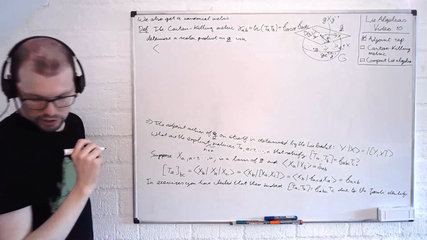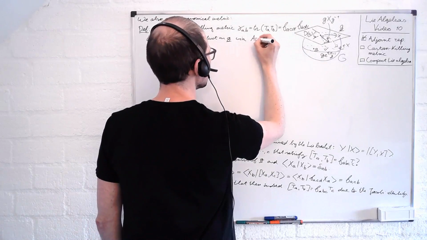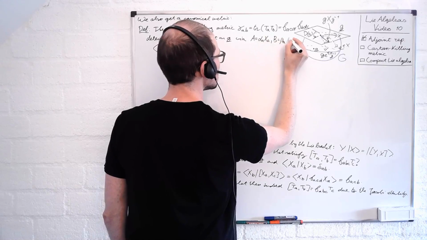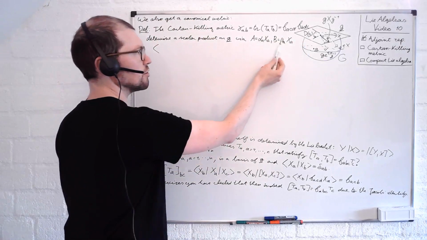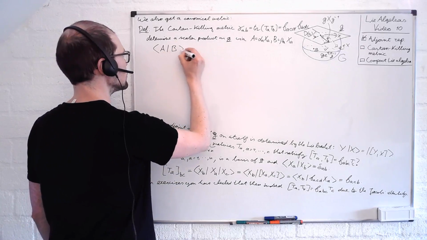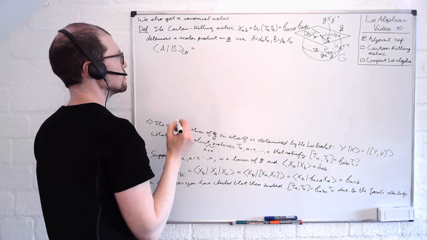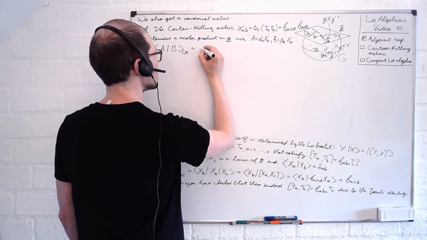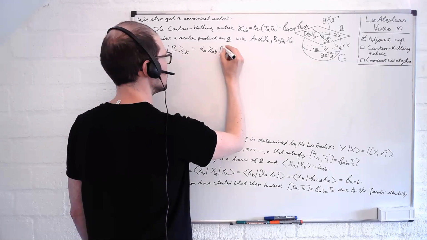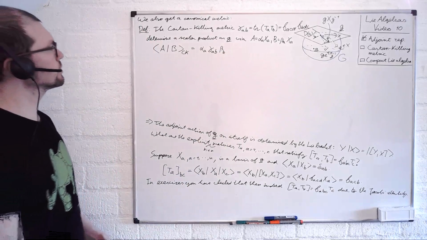So if I take two generators in this basis X_A, with coefficients alpha_A and beta_A, then the Cartan-Killing inner product of these two generators is going to be explicitly just alpha_A gamma_AB beta_B.